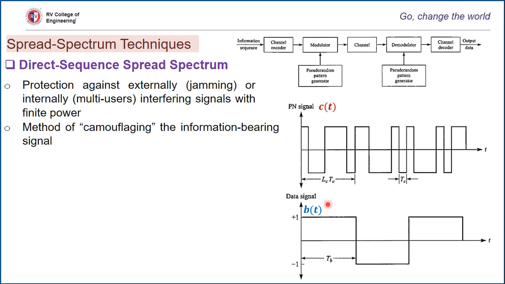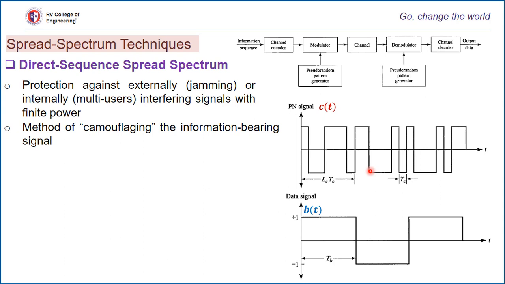Therefore, if the message signal b(t) is narrowband and the PN signal c(t) is wideband, the modulated signal will have a spectrum that is wideband, nearly as wideband as the PN signal. Hence, in the context of our present application, the PN sequence performs the role of a spreading code.